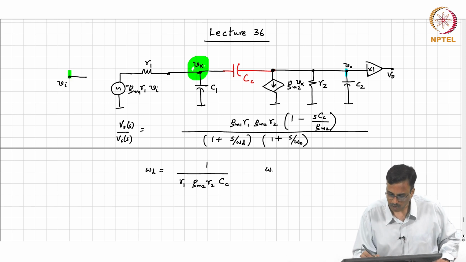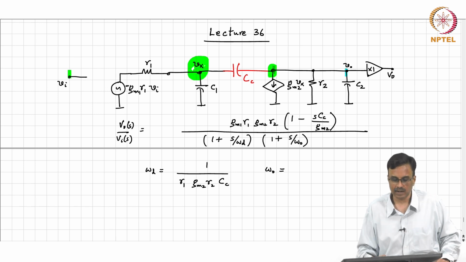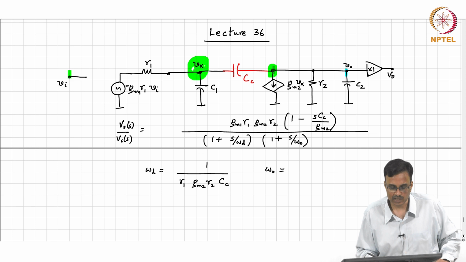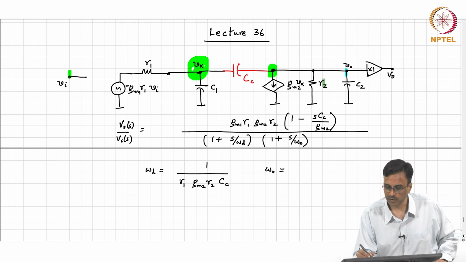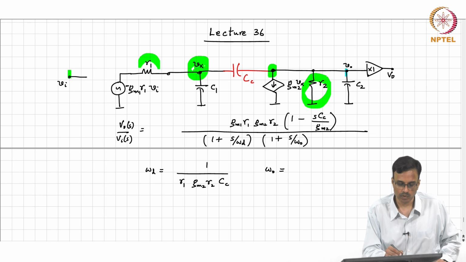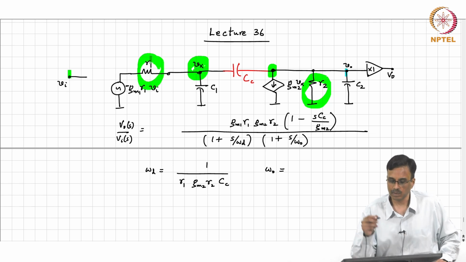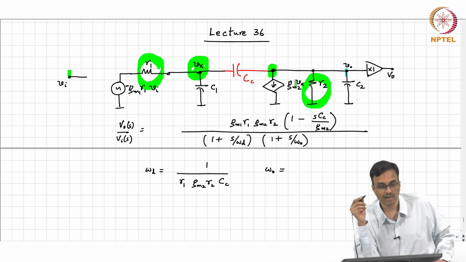The second pole is at this node, and at frequencies much beyond the dominant pole frequency, pretty much no current flows through R2, and no current flows through R1. So the circuit pretty much looks like Gm2 with a capacitive divider and feedback.